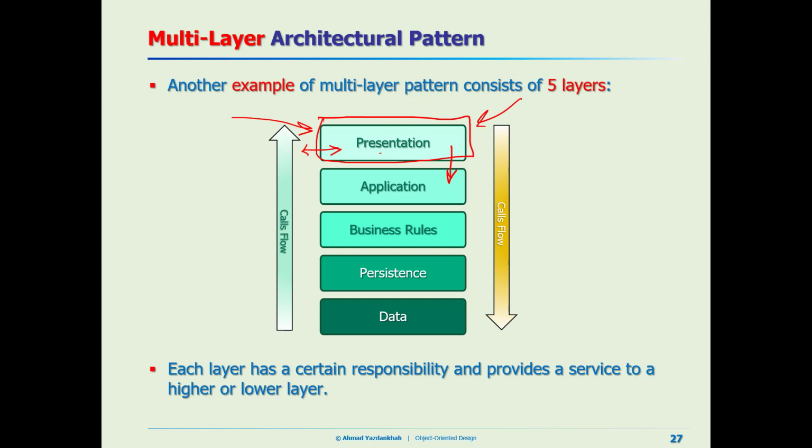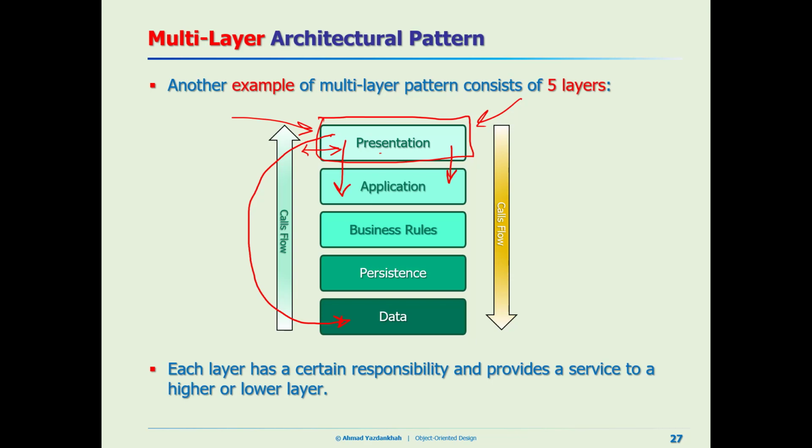The beauty of this multi-layer architecture is that you separate everything into its own layer, right? So it's not the case, for example, that the presentation layer jumps to communicate with data. No, this is not going to happen.